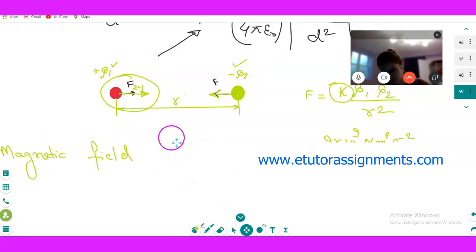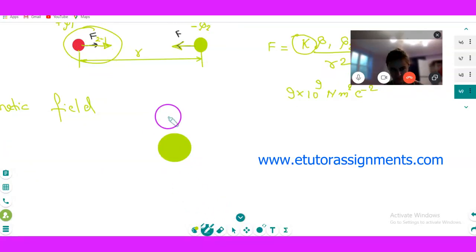So here also, suppose one charge Q is here. If we want to find the electric field at a point P at some distance, the electric field is the force on unit charge.